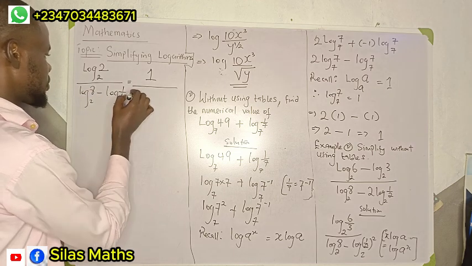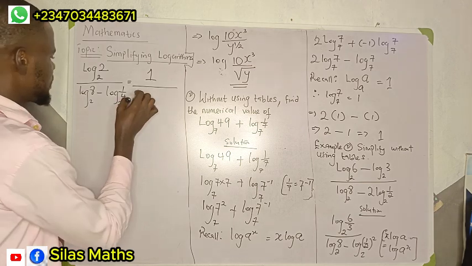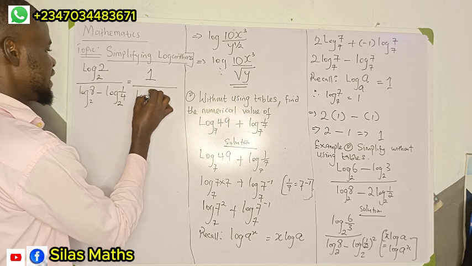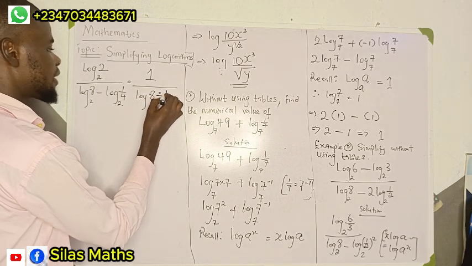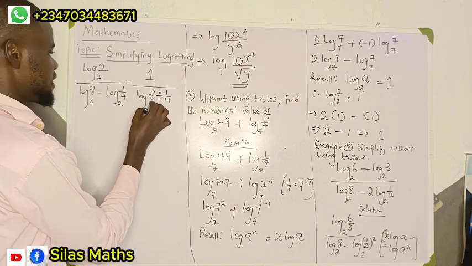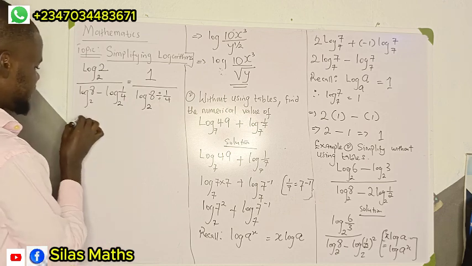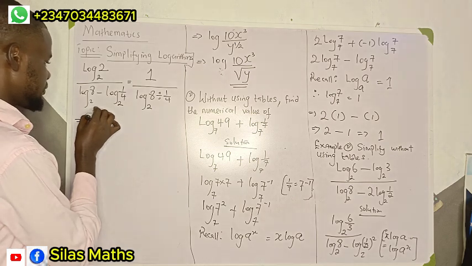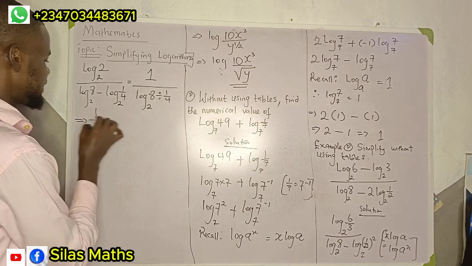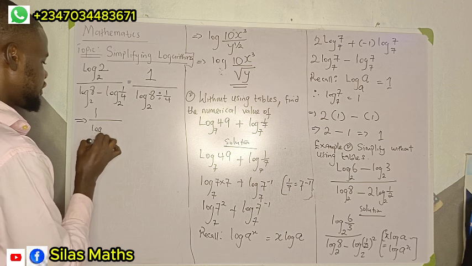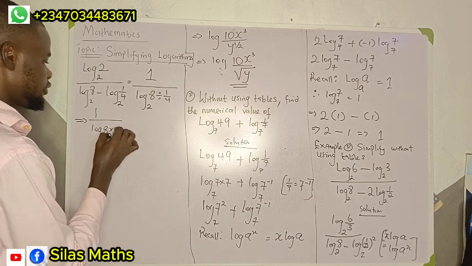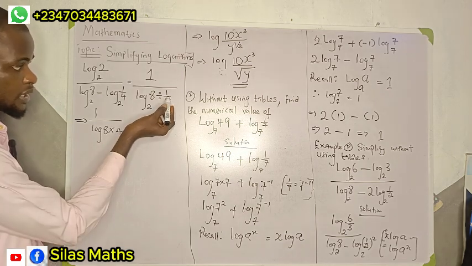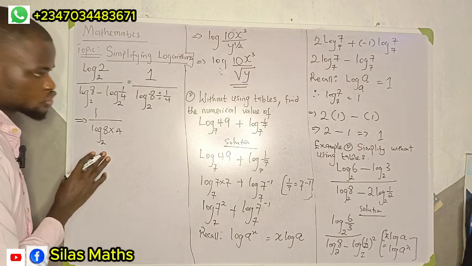So dividing this part, because they are subtracting, we are going to have log of 8 divided by 1 over 4, base 2. Then simplifying further, that is going to give us 1 divided by log of 8 times 4, because when I change this division sign to multiplication, I take the reciprocal of this number, to the base 2.